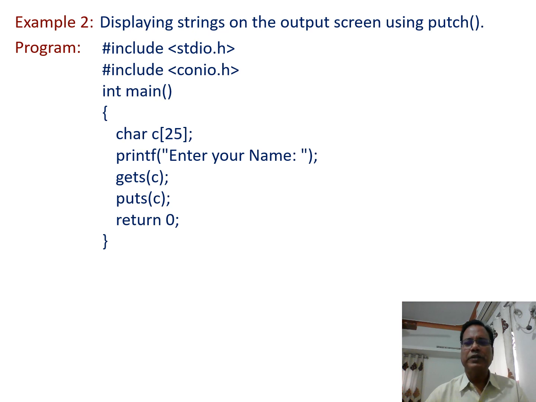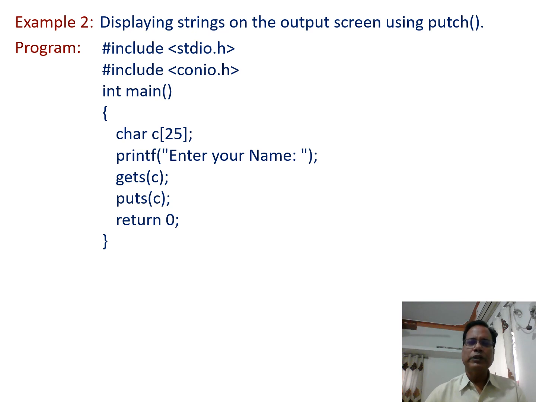Using the next statement, printf "Enter your name:", this is printed on the output screen. Reading this message we enter our name, and that name is taken in by the gets function and stored in the character array c.